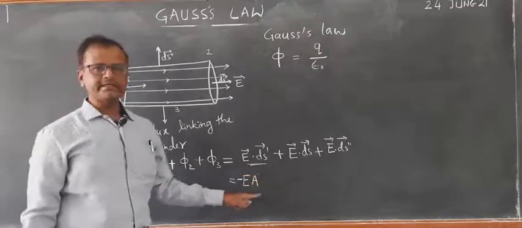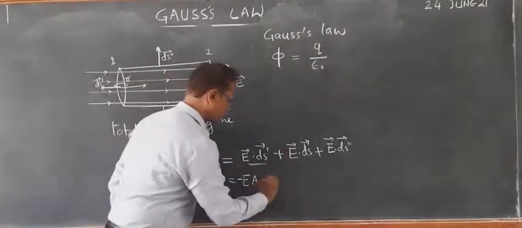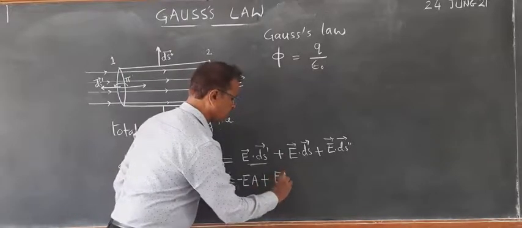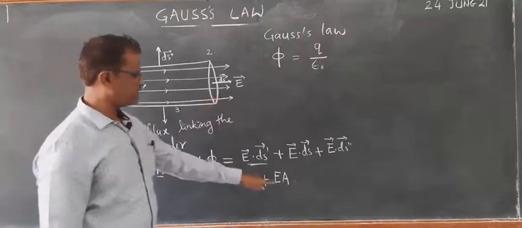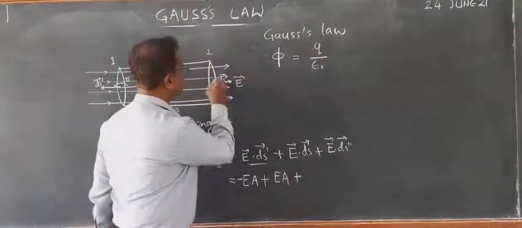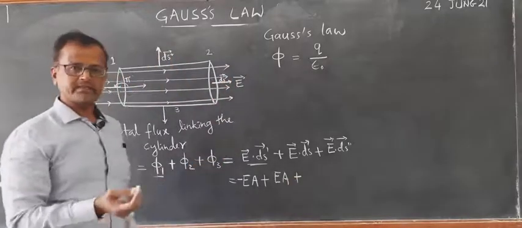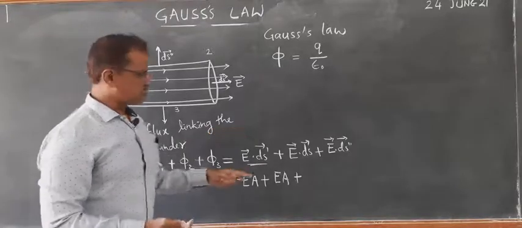So, cos 180 is minus 1, so it becomes minus EA, and here it becomes EA. Total area if we take here as A, then it becomes EA. Because the angle between the electric field and the area vector, that is the normal drawn to the area, is 0, cos 0 is 1.